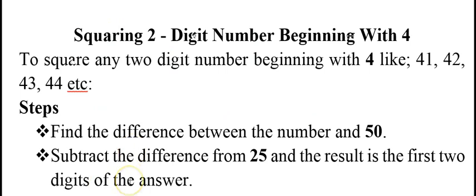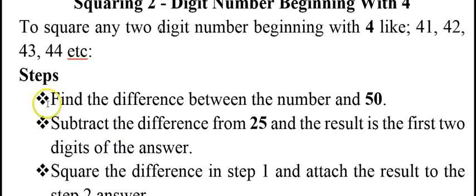The next we want to look at is squaring a 2-digit number beginning with 4. Example can be 41, 42, 43, 45, 49, etc. So to do this, what we have to do first is to find the difference between the number and 50.